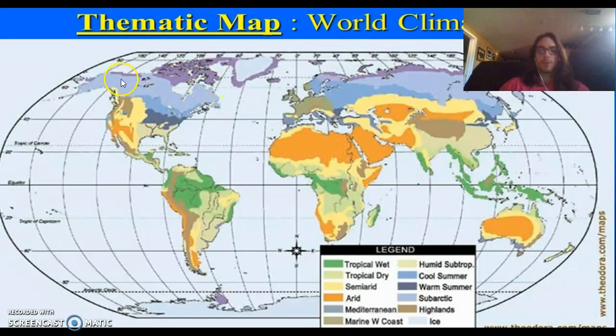In the polar regions, you're going to get the tundras and the ice caps. In the tropical regions, you're going to get rainforests and savannas. And then in the temperate regions, you're going to get temperate coniferous forests with these crazy winters and crazy summers, and you also are going to get some grasslands.